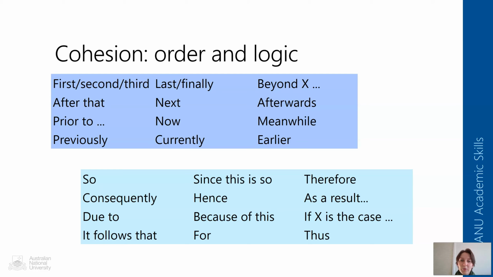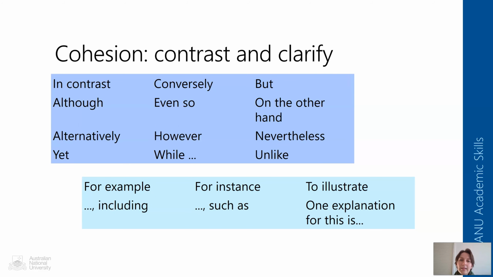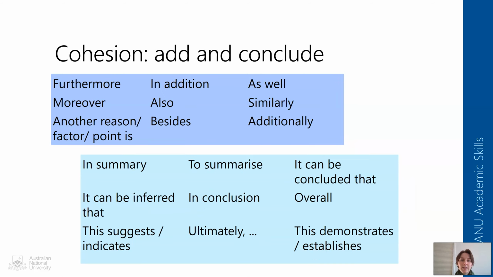Showing the connections between your logic, why those ideas connect to one another, can also be very helpful. Another thing is to think about what kind of connection there is. Are you contrasting ideas or are you clarifying ideas? If you're contrasting ideas, make that really clear. If you're clarifying, if this is an example, for instance, of the previous idea that you had, make that clear too.